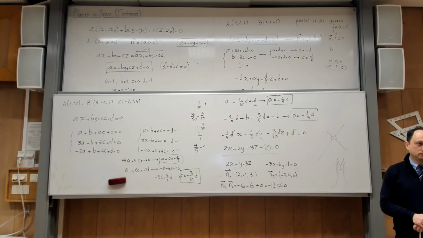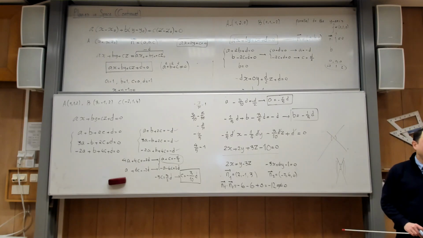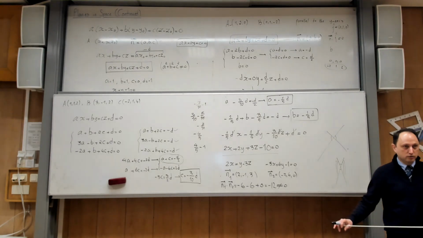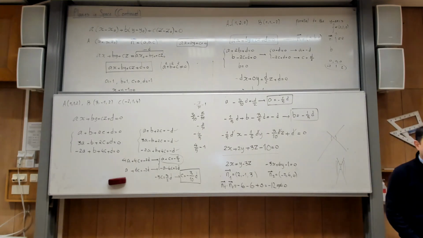And then you have the cosine of the angle. Okay, but cosine of the angle of what? Cosine of the angle between the normal vectors. But is that angle the same as the angle between two planes? You are completely on the right track, but this is not trivial. You have to convince yourself that this is the case.